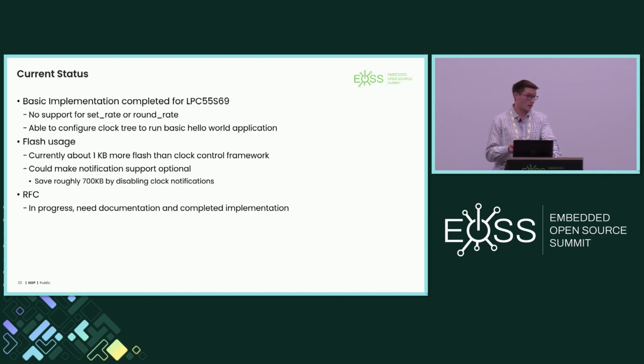If we turned that off, because for a case where you don't care about power management you're likely setting up clocks once, we get it down to about 300 bytes of additional flash versus using the clock control framework, but there still is a flash impact. RAM in both cases is negligible, I think less than 100 bytes, so it's significantly less impact.